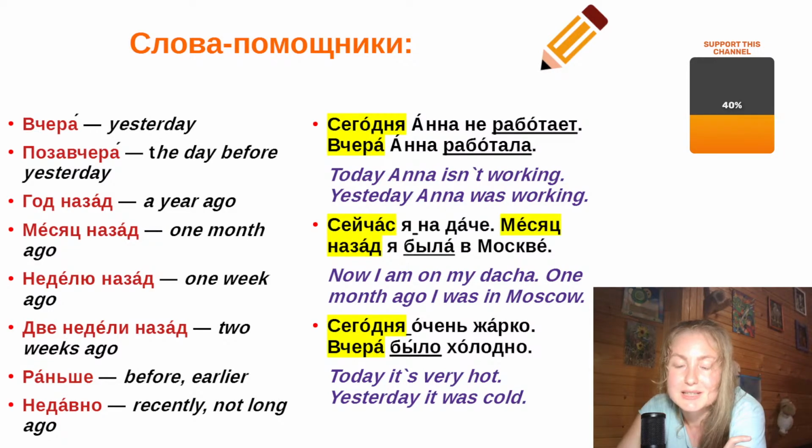And if we talk about weather in the present tense, we don't use any verbs because there is no subject. We just say when and the temperature, like сегодня очень жарко. But in the past tense, we should use the past neutral form of the verb to be, быть.